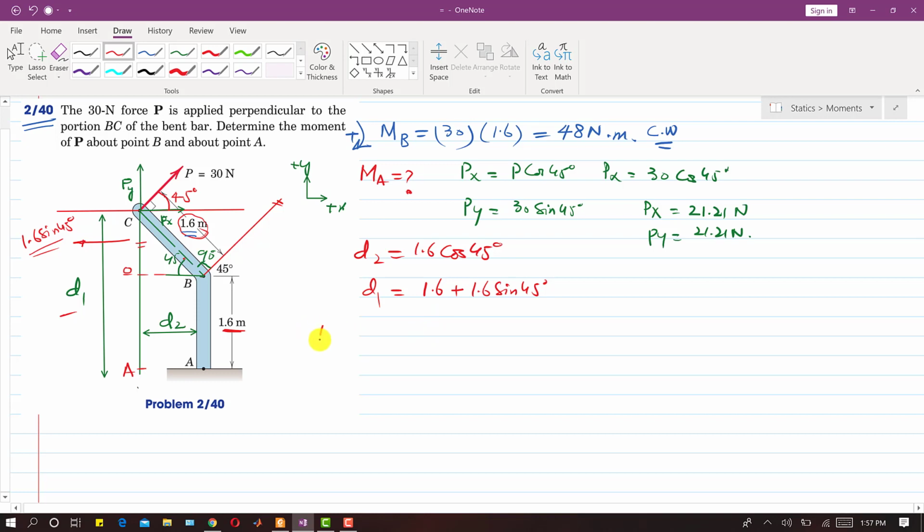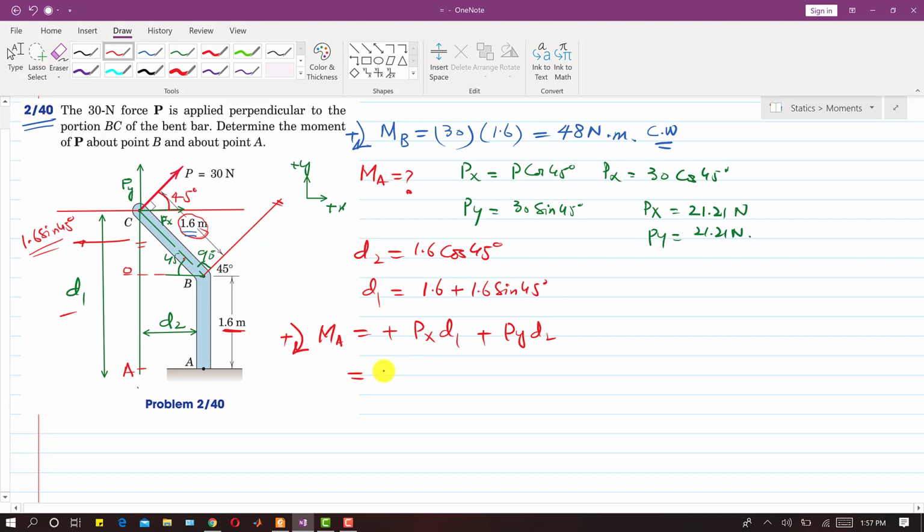So now we want to find the moment about A, and let's assume that clockwise moment is positive. As we can see here, Px is also producing clockwise moment and Py is also producing clockwise moment, right? So we will write plus Px, and the perpendicular distance of Px is d1, so we will write d1, and then we will write Py, and the perpendicular distance of Py from A is this d2, so we will write d2.